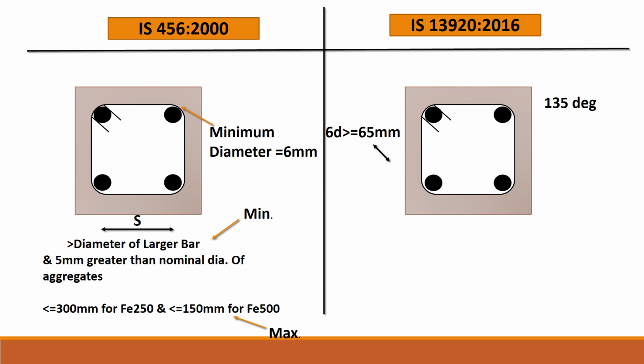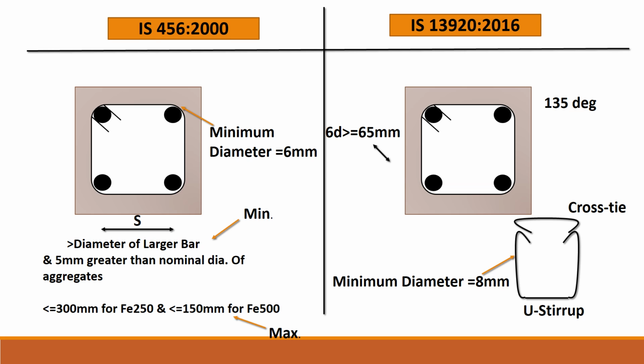IS 13920 also recommends using cross ties and U stirrups. The U stirrup and cross tie have to be minimum 8 mm as compared to 6 mm in case of IS 456. And this is the formation of the cross tie and U stirrup as recommended by IS 13920.